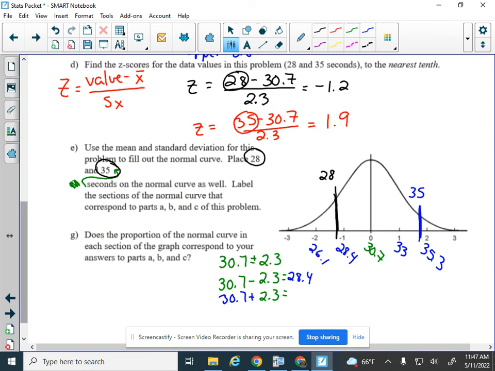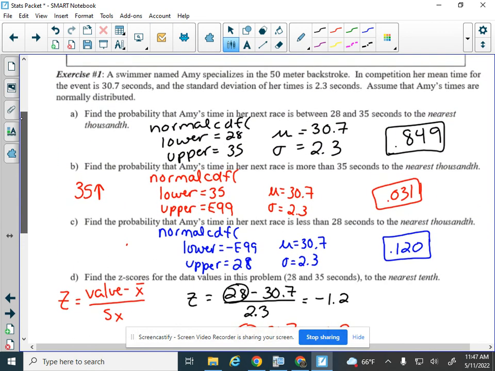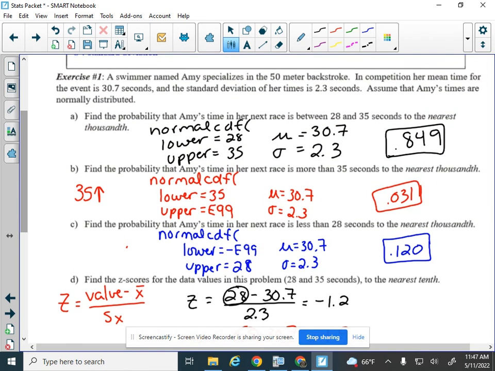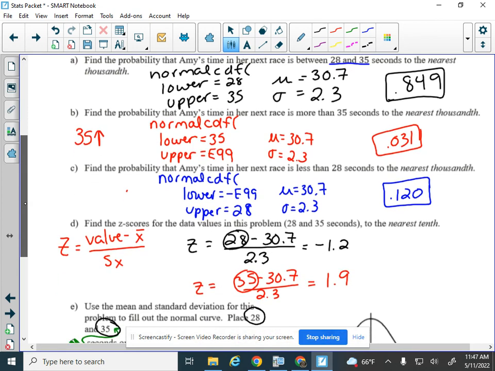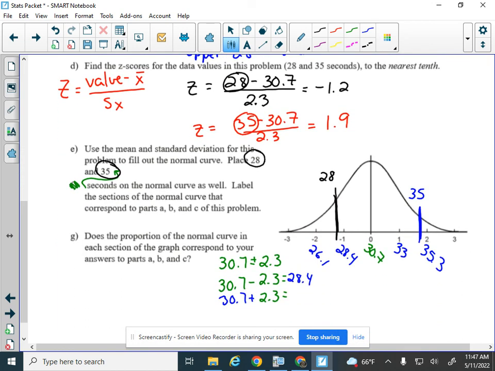When we look at our three questions, our first question, we said there was an 84.9% chance that we were in between the 28 and the 35. So if I think about this whole area compared to the whole shape, it does make sense that about 84.9% of the area is in there.